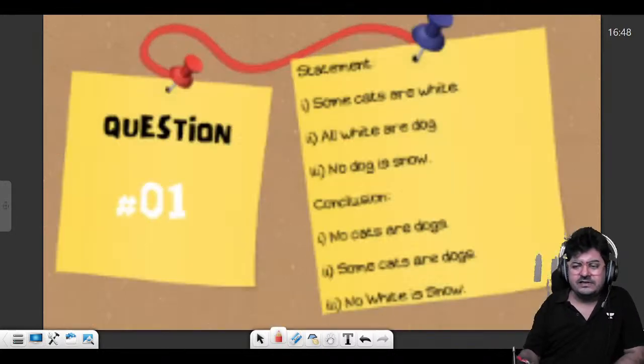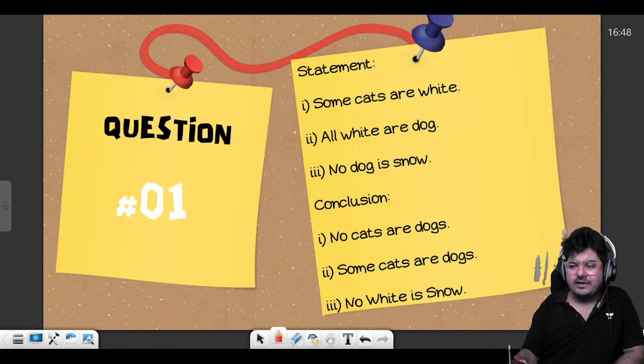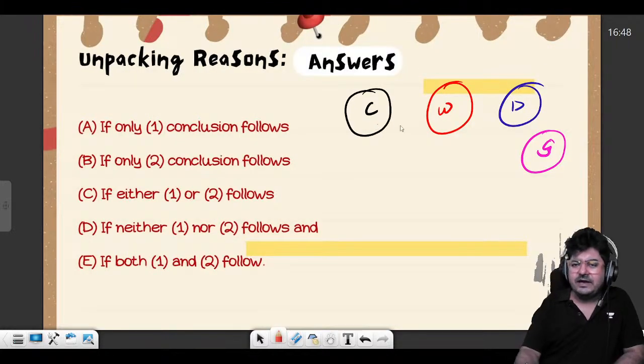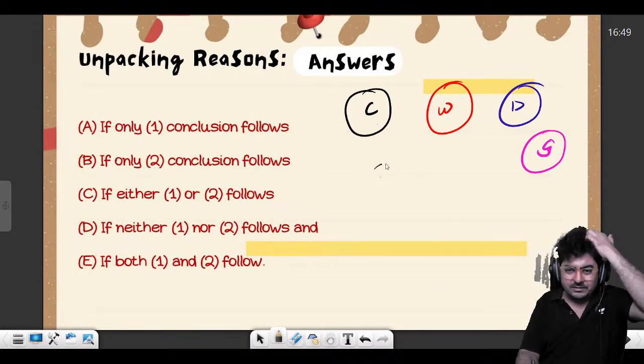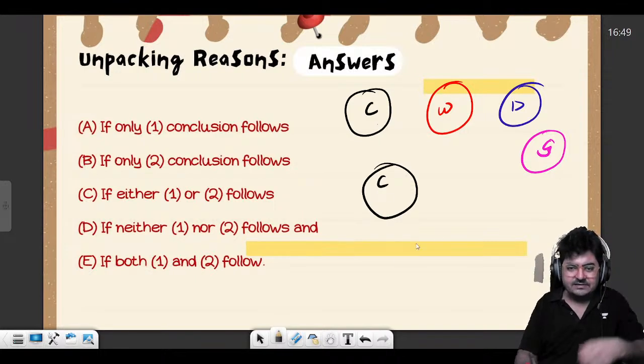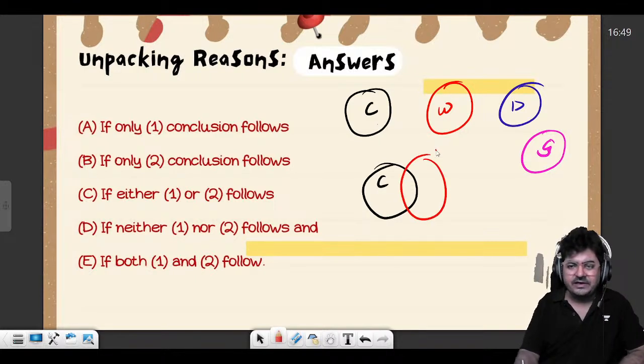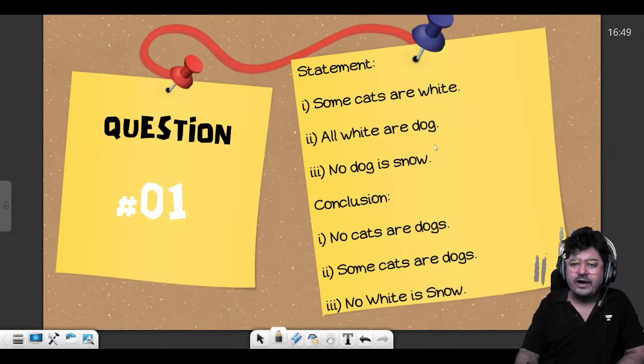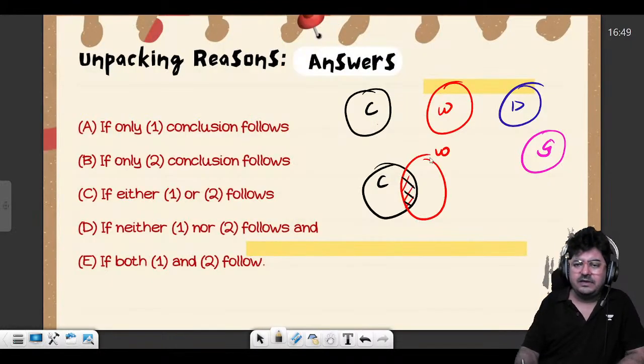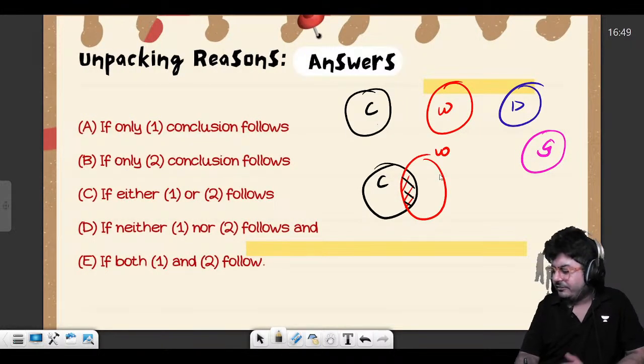Okay, so what did they say? They said some cats are white. Means some cats are white. So it is possible like these are the cats. This is white. So some cats are white, as you can see.